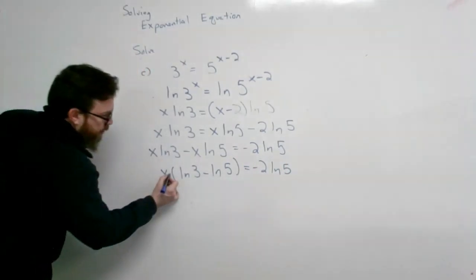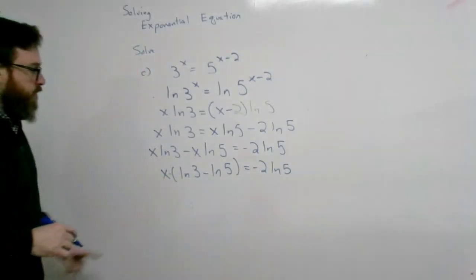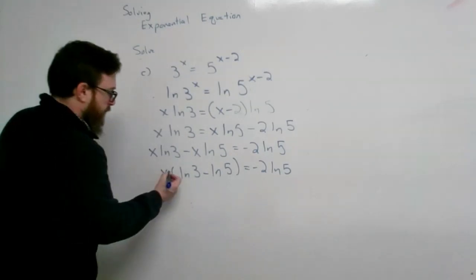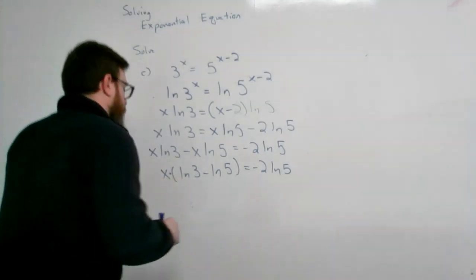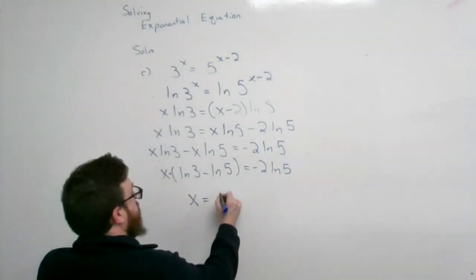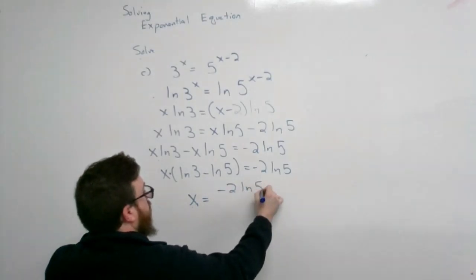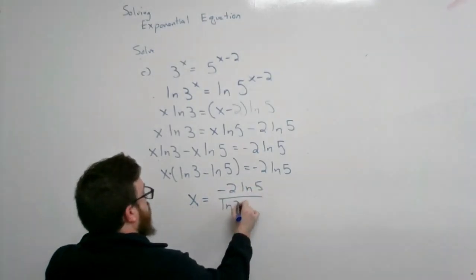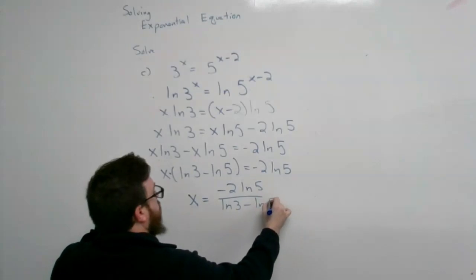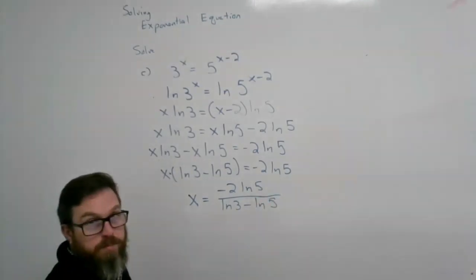Now this is isolated through factoring, which is multiplication. And the way to get rid of this multiplication by the binomial is to divide by the binomial. So x is going to be equal to minus 2 natural log of 5 all over natural log of 3 minus natural log of 5. And that's its exact answer.